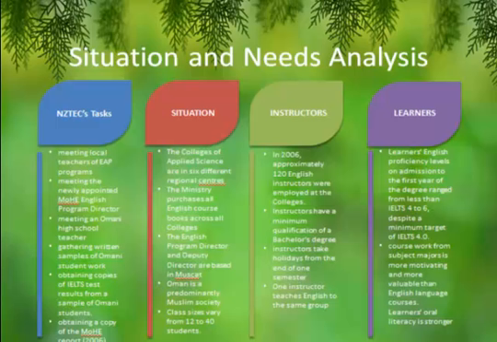For the next step, we want to know about the situation before we design English language courses for Omani students. The situation: the colleges of applied science are in 6 different regional centers, and the ministry purchased all English course books across all colleges.